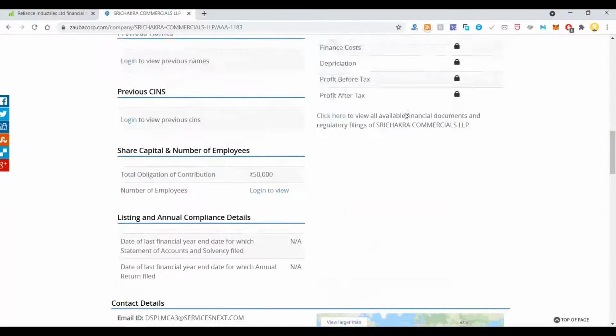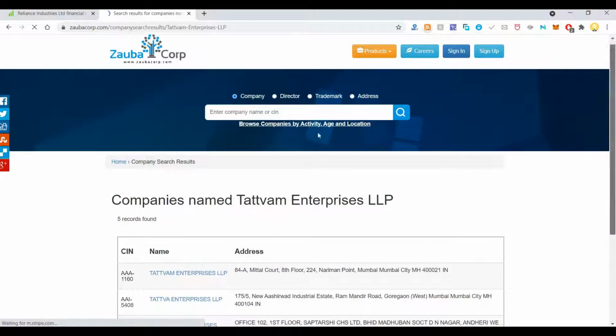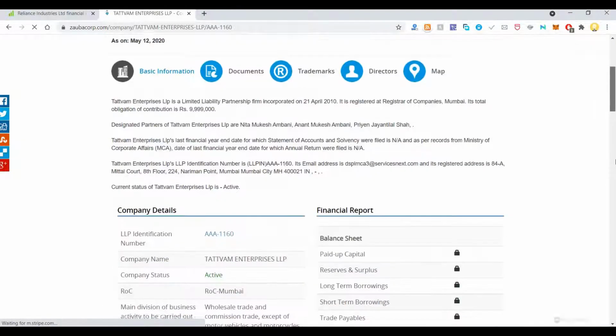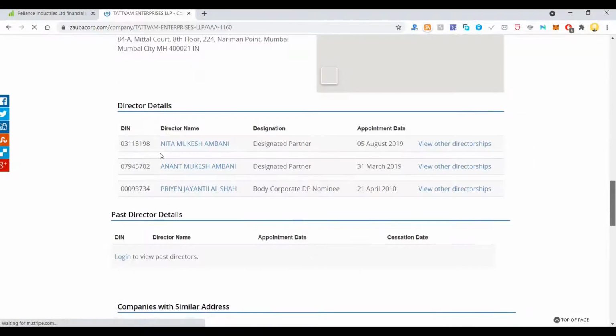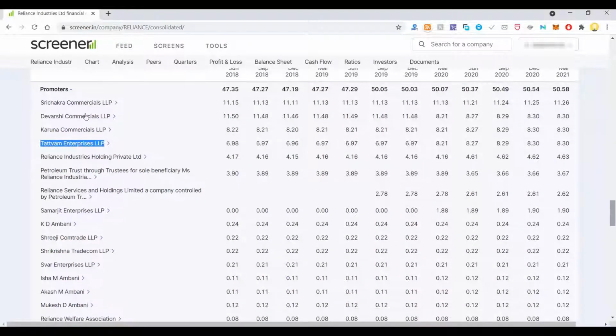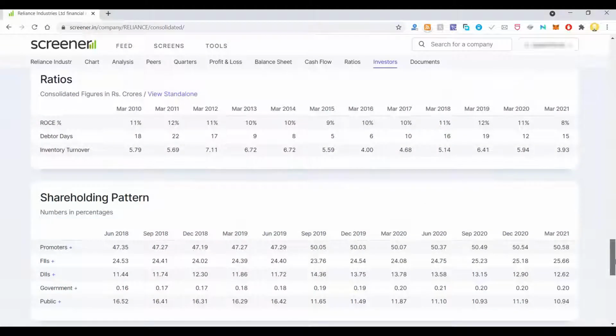So let me show you this again. Tattvam Enterprises LLP. This one, yeah. So if you see here, Nita Mukesh Ambani and Anand Mukesh Ambani. So the reason I am showing you this is it will show you how the shares are getting divided, the shareholding pattern.